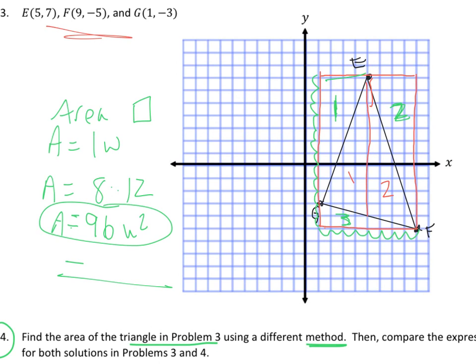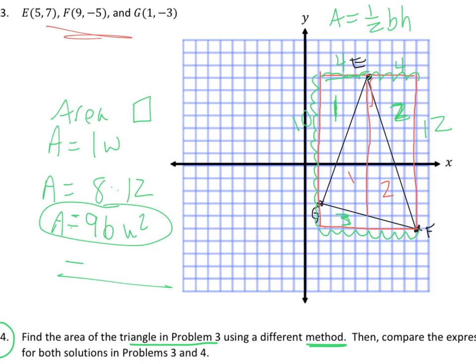So I'd find the area of this using 1, 2, 3, 4, and 12, or not 12, 4 and 10, because those are my dimensions. And I have to use A equals 1/2 base times height. And then I can find my dimensions here of 1, 2, 3, 4. And this one is 12.